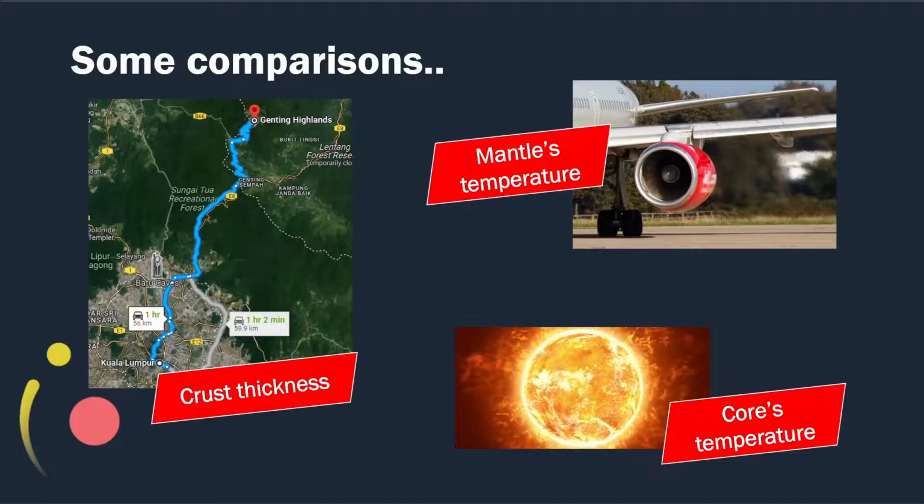For the right part, you can see an airplane there, and here is an interesting fact about the jet engine. That is the airplane engine, which is a gas turbine engine. On the rear part there is an exhaust, and the gas that exits from there has a temperature the same as the mantle's temperature.